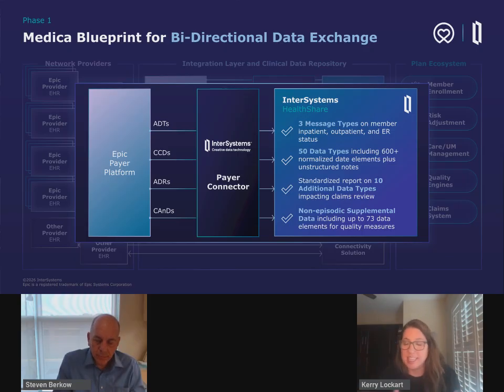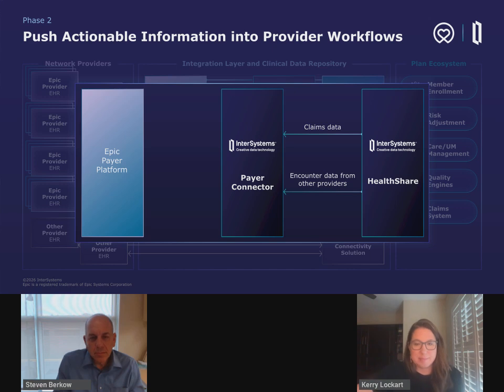Just this week, it's only Tuesday, and I've heard 2 new use cases that plans are enabling right now that they didn't even know would be within these data sets. So that ability to take all of it and store it and normalize it has been incredibly powerful for them. Stephen, I'm going to let you walk through the rest of the mechanics.